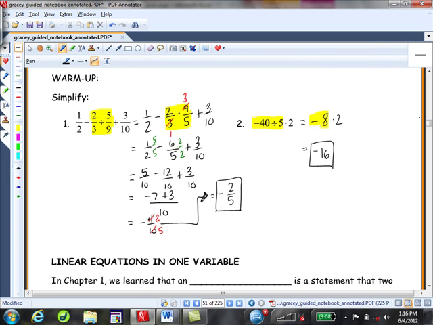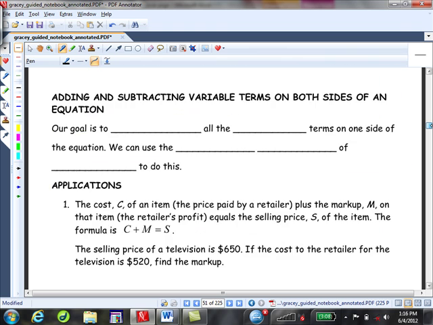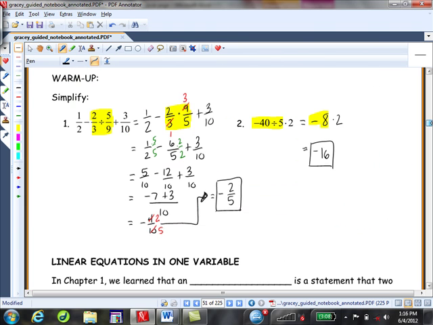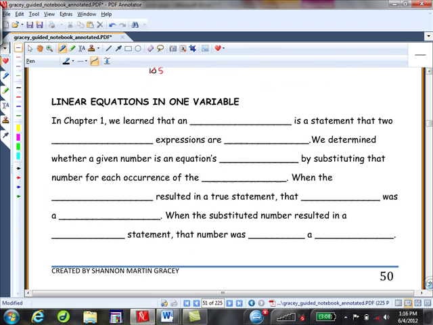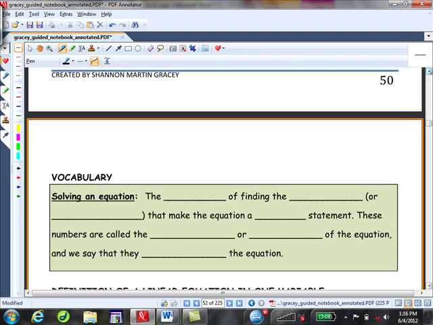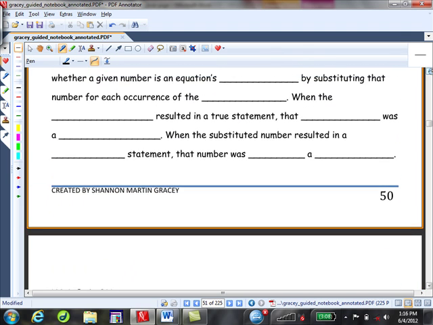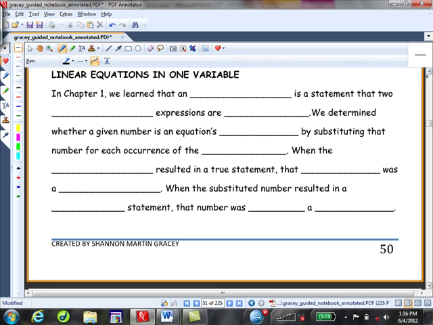All right, so linear equations in one variable. In chapter 1, we learned that an equation is a statement that two algebraic expressions are equal.